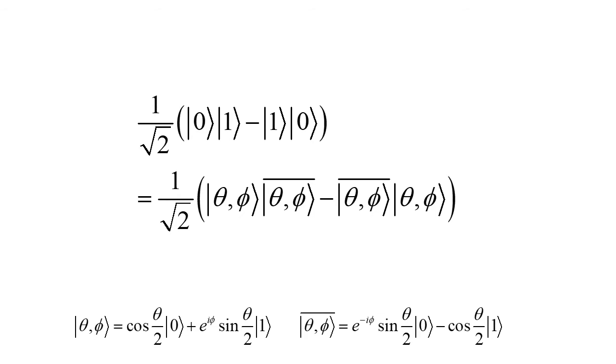And in fact, you can do this for any type of basis where you start with 0-1, rewrite it in an arbitrary basis. Here, the theta phi here is an arbitrary basis. And it still looks like a singlet. So this is really the magic of the singlet state. And this is what you take advantage of when you do quantum teleportation.